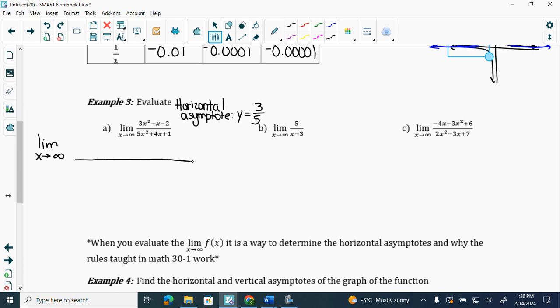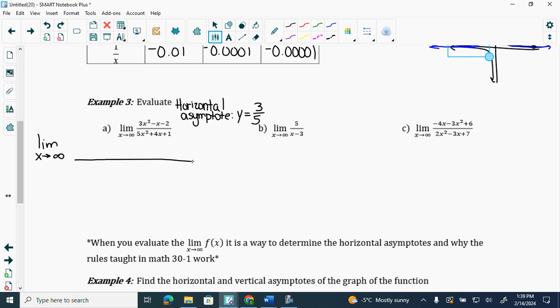Okay? So when the limit is x approaches infinity and you're looking for the horizontal asymptote, what you need to do is divide by the largest exponent. So what's the largest exponent on all these terms? X squared, right? So we're going to divide every single term by x squared.